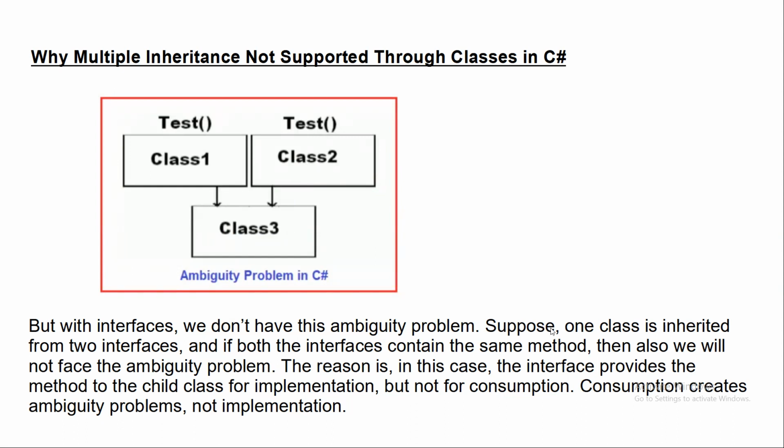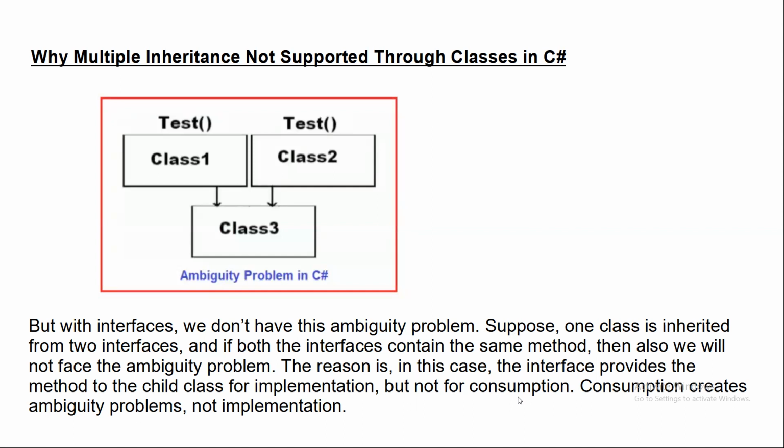Suppose one class is inherited from two interfaces, and both interfaces contain the same method, then also we will not face any problem, because interfaces provide the method to the child class for implementation, not for consumption. Interface only contains the declaration, and in the derived class you write the actual code.